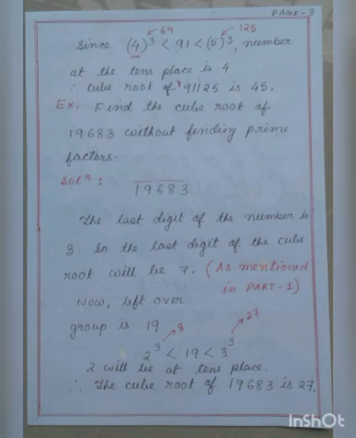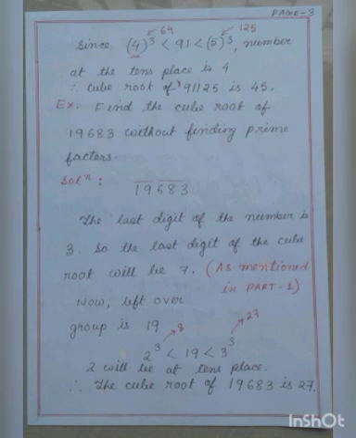So in the tens place we have to write 4. Therefore the cube root of 91125 is 45.